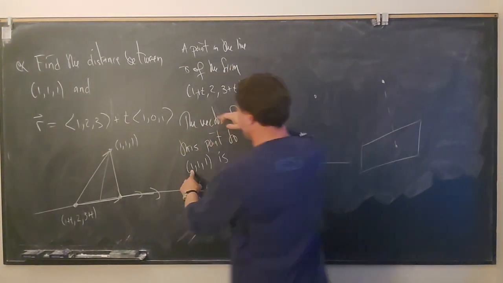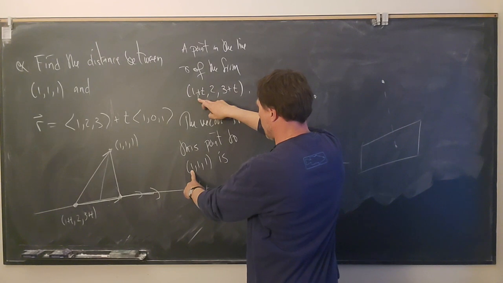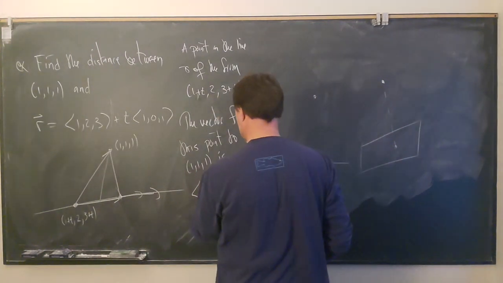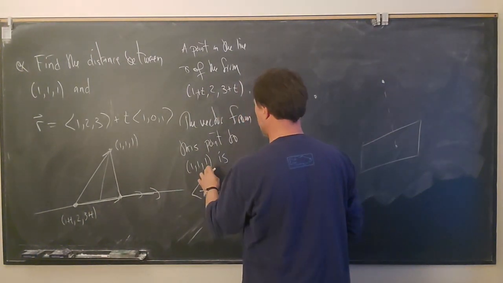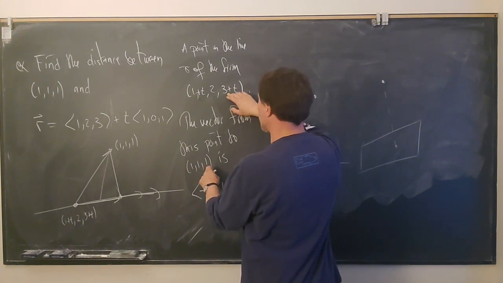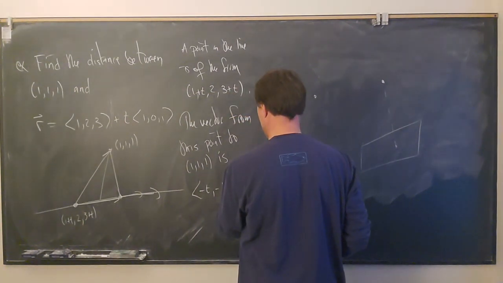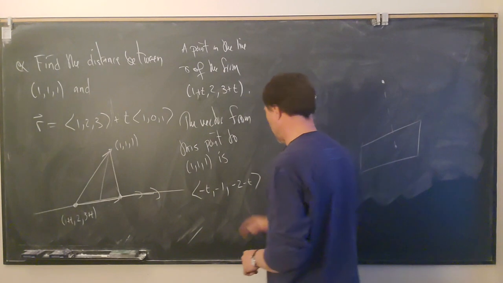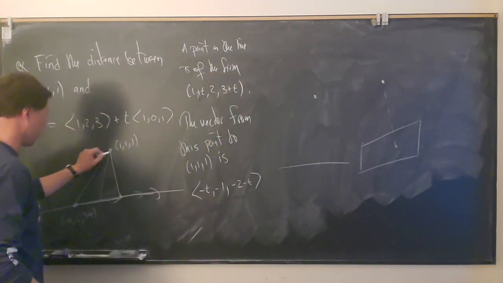Then it's 1 minus 2, so that gives me a negative 1. And then it's 1 minus quantity 3 plus t, that's negative 2 minus t. So that is what this vector is.